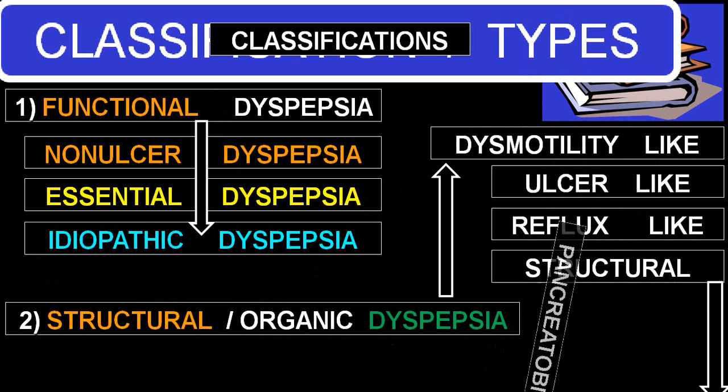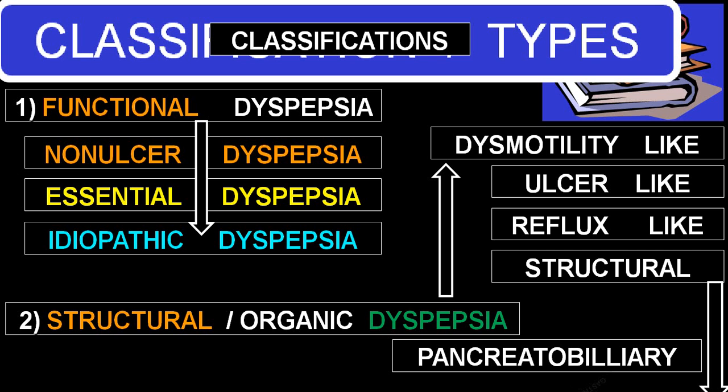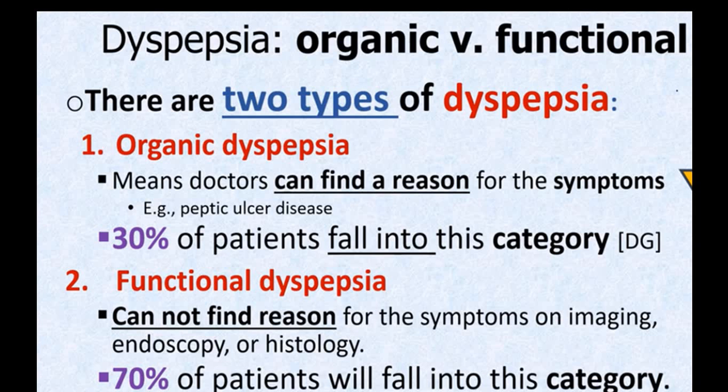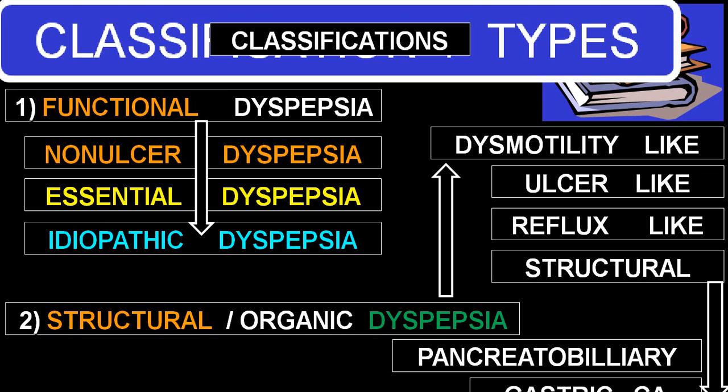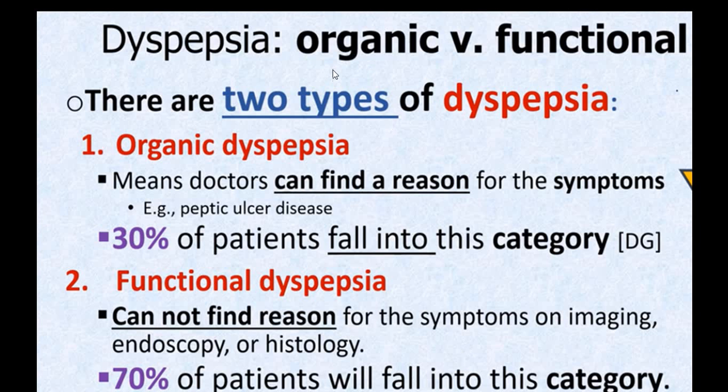And in structural, you can have pancreatobiliary disorders, gastric carcinoma. So indirectly, we divide into two big groups, functional, also called non-ulcer, essential or idiopathic, and organic, described as structural, which may involve the stomach, esophagus, pancreatobiliary tree, gastric carcinoma, etc.